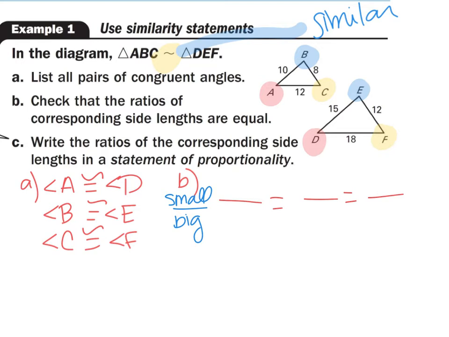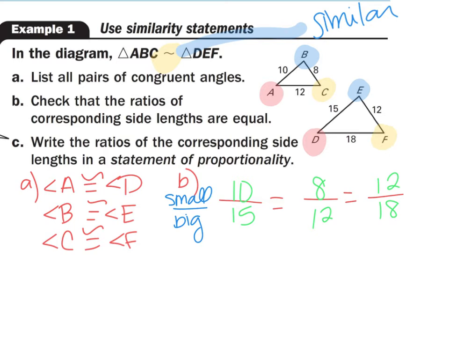So if I say 10 on the small triangle corresponds to what side on the big triangle? Well, that would be 15. If I say 8 on the small triangle, that would correspond to 12. And then 12 on the small triangle would correspond to 18.